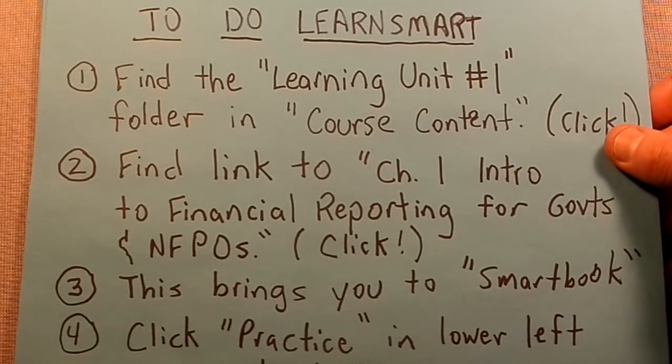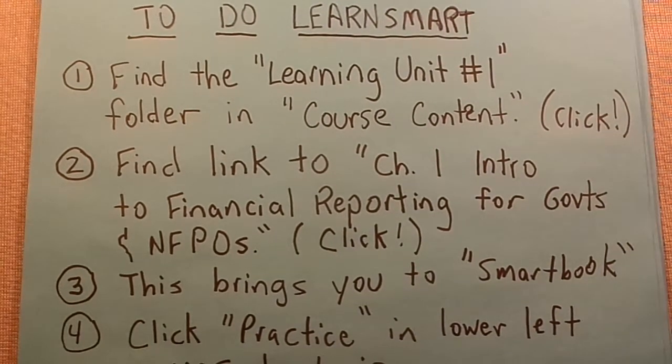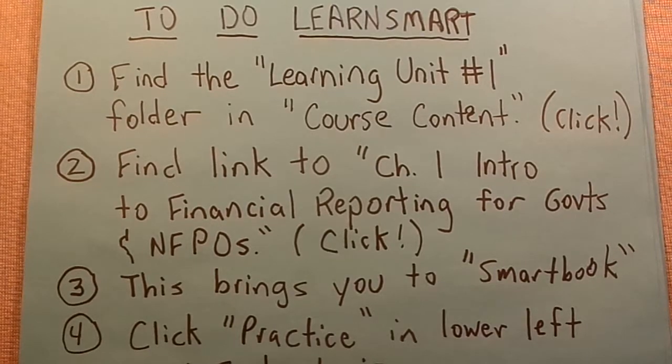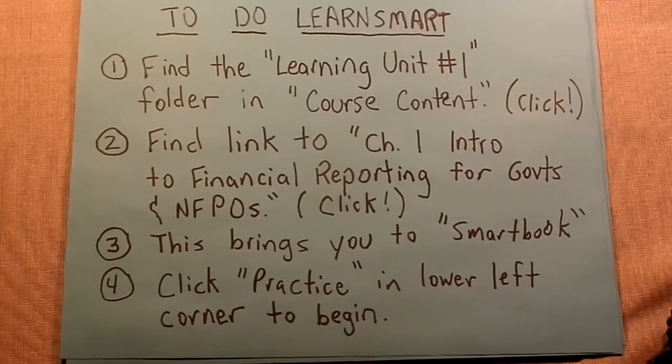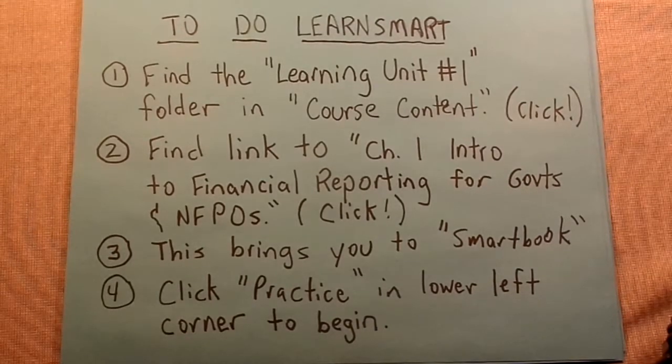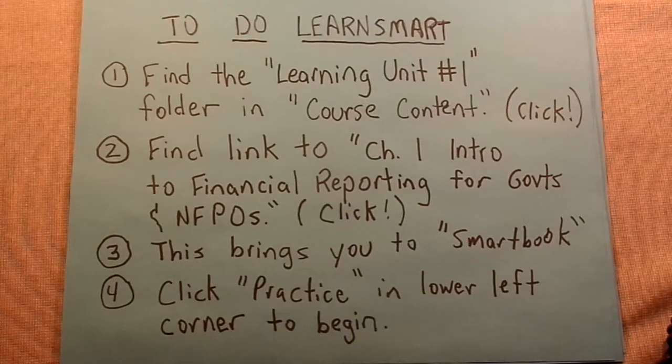Okay, so I pulled off an extra page here, and so you might have been starting to see what was actually required in the next slide. But one of the things I wanted to talk to you about for a minute is how to do Learn Smarts. A lot of people at first don't quite understand this. So first you get into Learning Unit 1, and you'll find 4 sections.